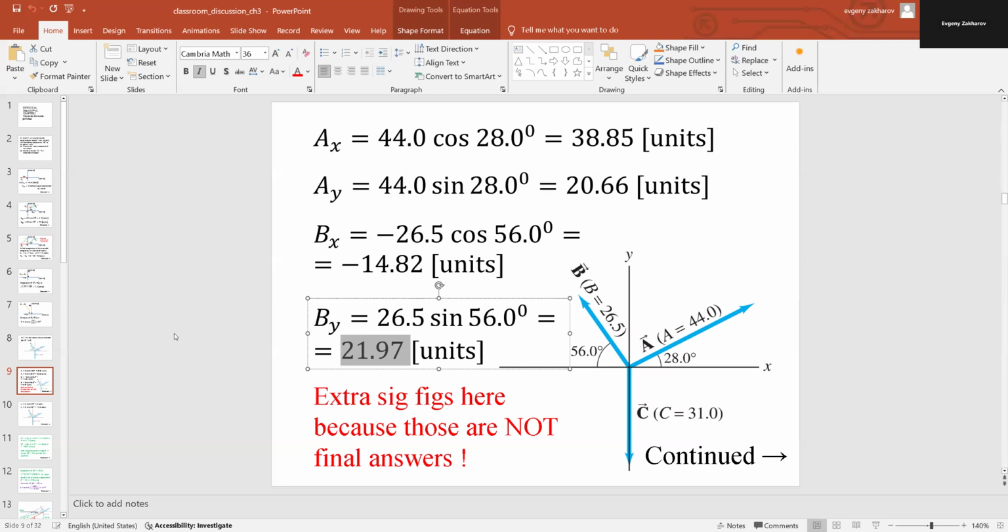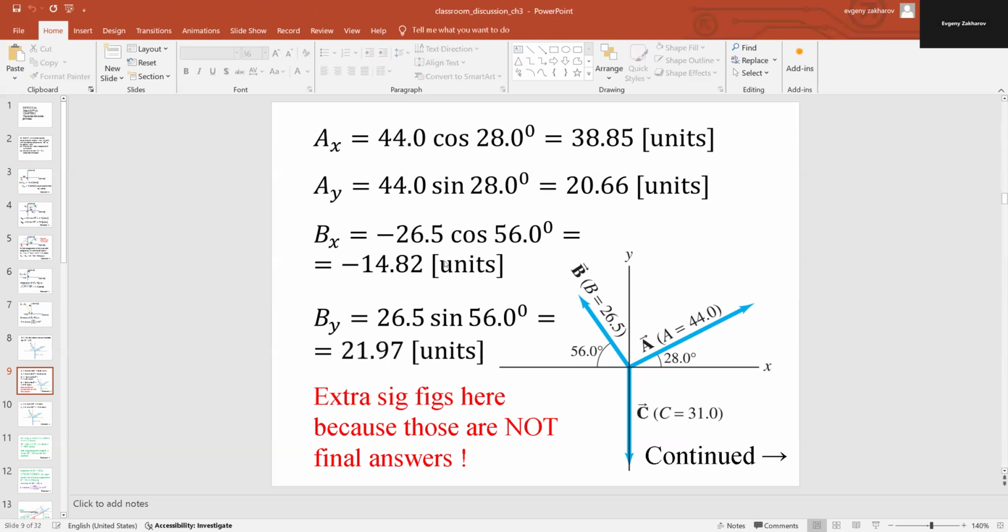Those are just components. Now we're going to add them up or subtract, doesn't matter. And once we get to the final result, the actual magnitude of B minus 3A, then we'll round it to 3 sig figs.